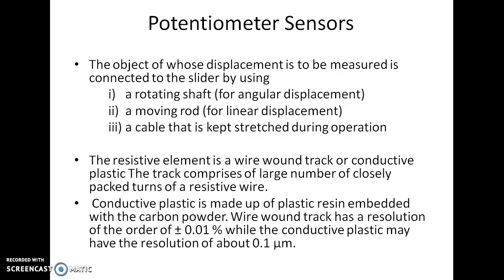Next, conductive plastic is made up of plastic resin embedded with carbon powder, meaning the conductive plastic contains carbon. Wire wound track has a resolution of the order of plus or minus 0.01%, while the conductive plastic may have a resolution of about 0.1 micrometer.